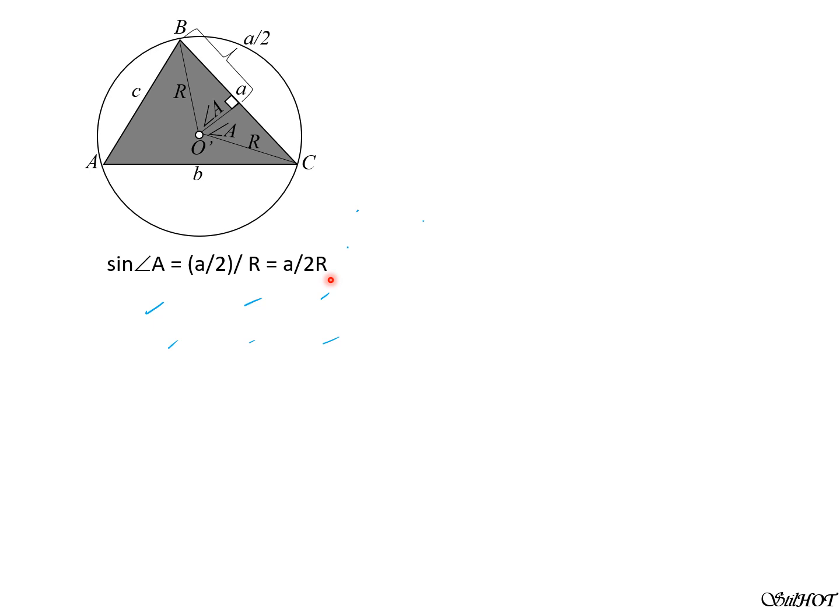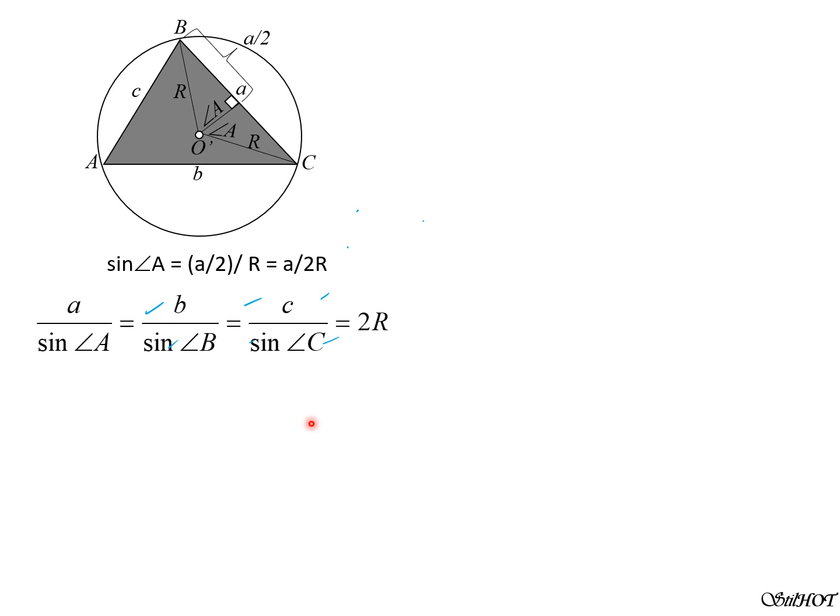Remember that the area of a triangle is 1/2 BC sine angle A. We replace sine angle A by A over 2R, and by sine law also, A divided by sine angle A equals 2R. That's the reason why the ratio of any side to the sine of the angle opposite it is always the diameter of the circumscribed circle, 2R.